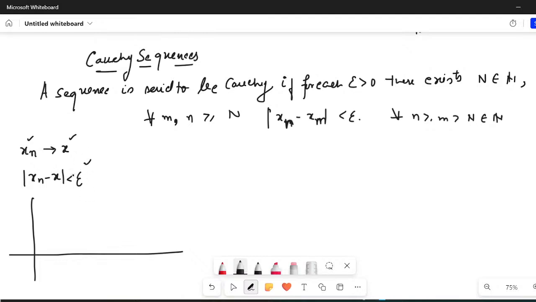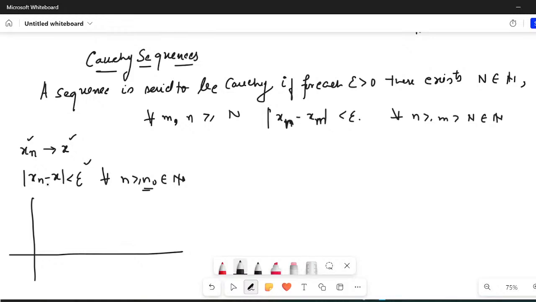Let that distance be epsilon. You give me any distance, that means any arbitrary positive real number, and I will produce some natural number n naught corresponding to this epsilon such that beyond this natural number, the distance between xn and x can be made as small as desired.